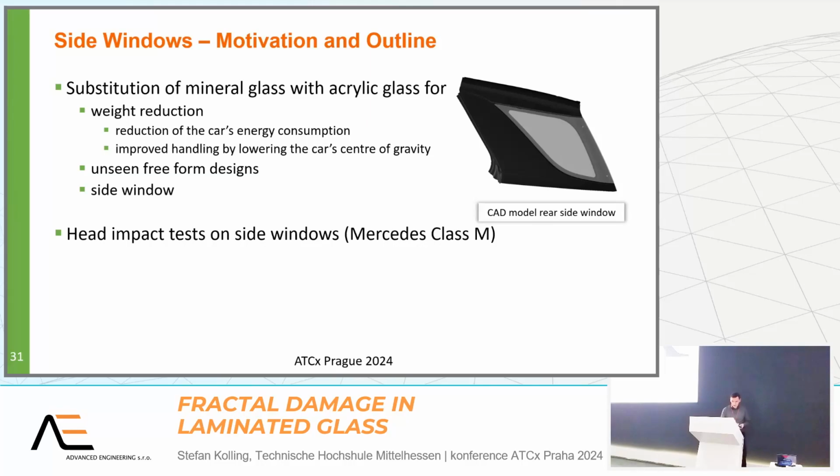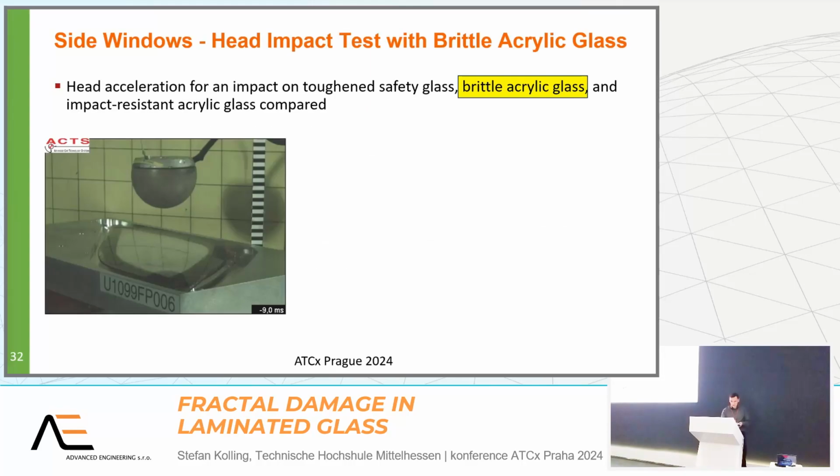So it looks a little bit like this. This was a model for the Mercedes M-Class. Here we used some head impact tests and the stochastic simulation. So here is the test: side window and head impact, for example, by a bicycle or something like that.